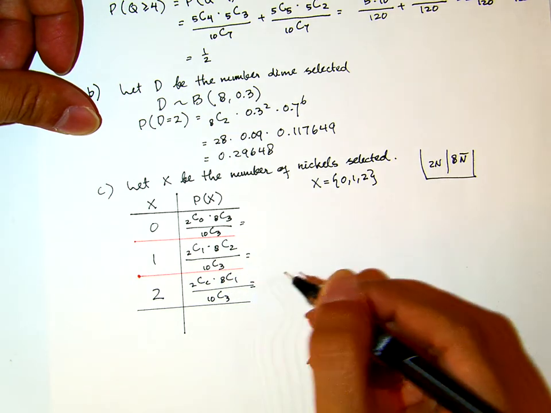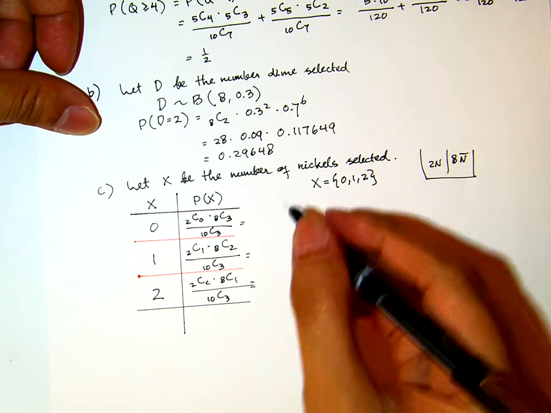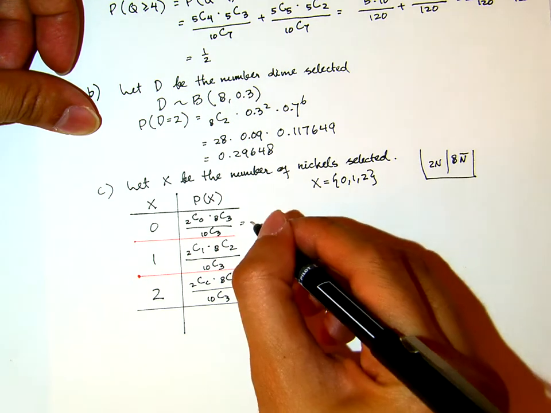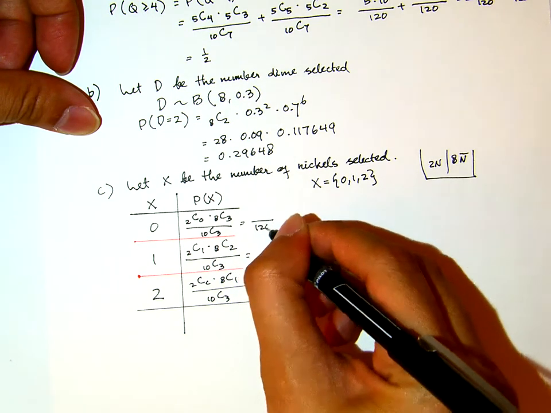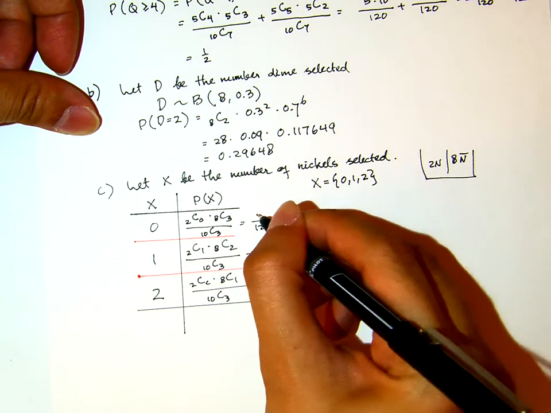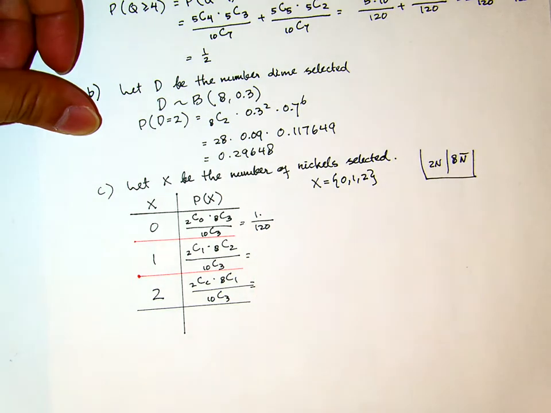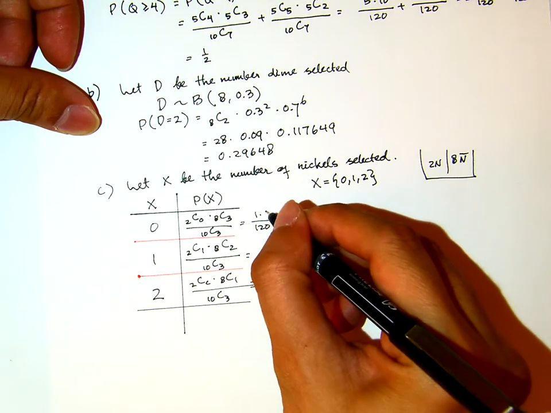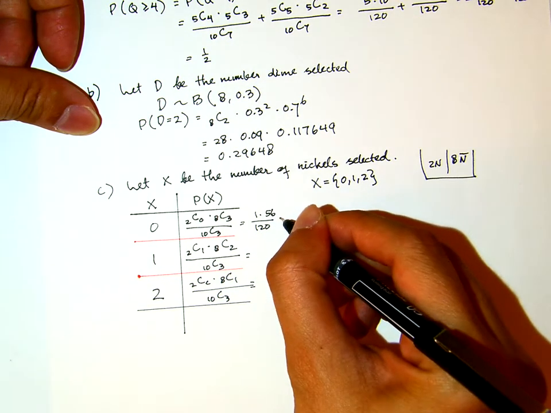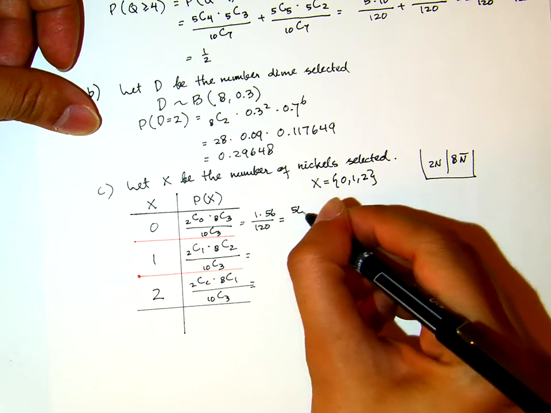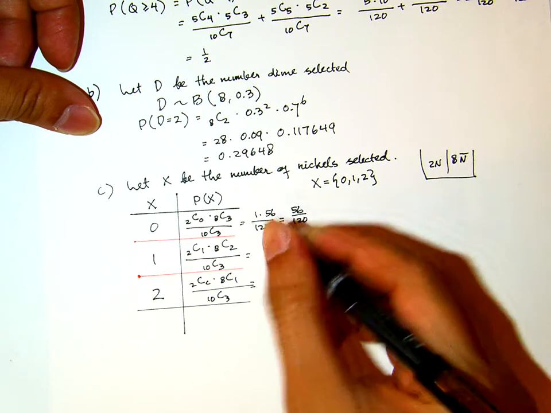What is that equal to? 10 choose 3, you will see that equals 120. 2 choose 0 is 1. 8 choose 3 is 56. So this is 56 out of 120.